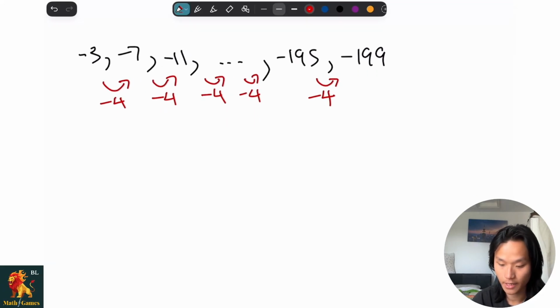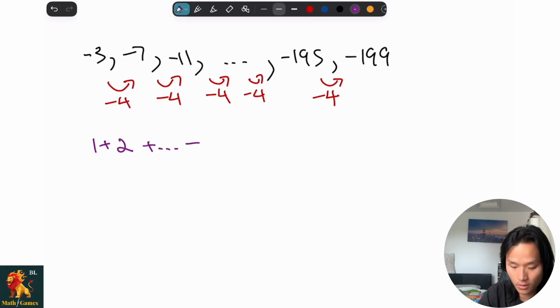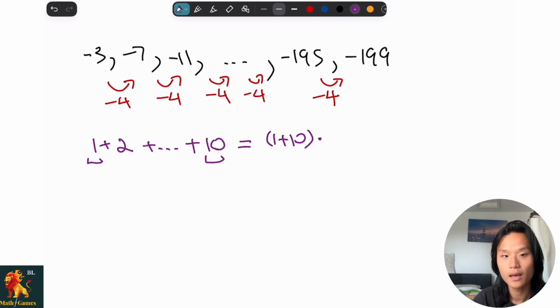This is very useful to know because you've probably learned this in school. How are you going to sum 1 plus 2 plus all the way to 10 quickly? What you do is to add the initial term and the final term, so 1 plus 10, and then multiply by the number of terms divided by 2.